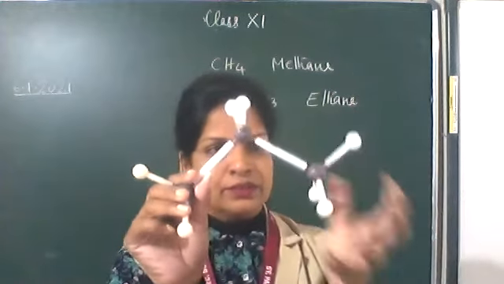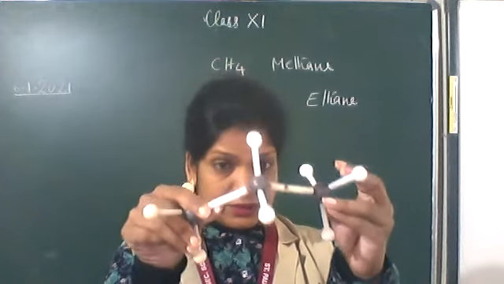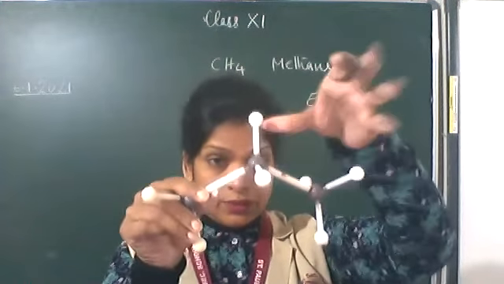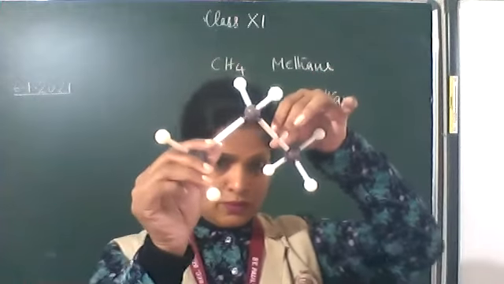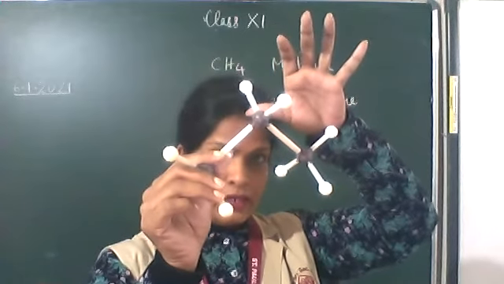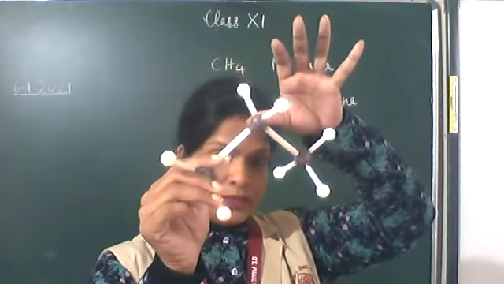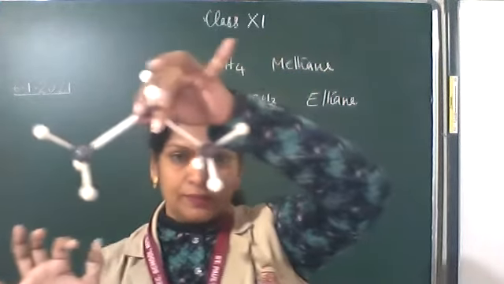So here CH3, then CH2, and here CH3. You can see all carbons are tetrahedral, all carbons are under sp3 hybridization.